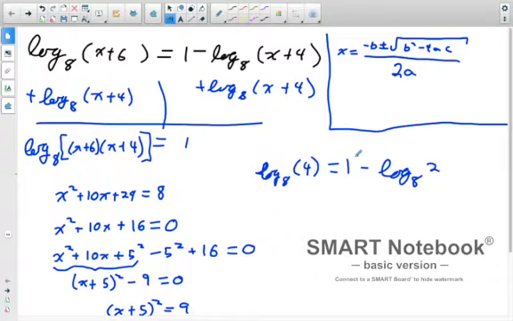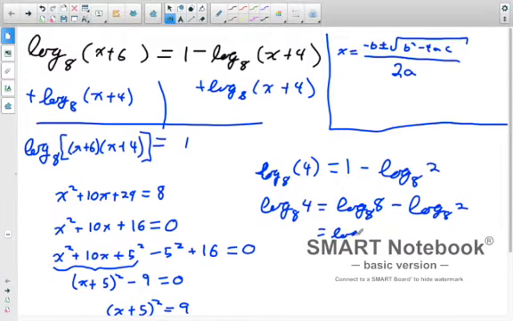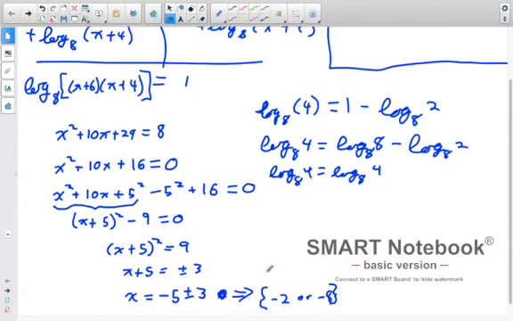In fact, without even having to figure out what the log base 8 of 4 is, I know that 1 is log base 8 of 8. So log base 8 of 4 is equal to log base 8 of 8 minus log base 8 of 2. And we know that if we are subtracting exponents, that means that we divided. So this is actually log base 8 of 4 on both sides of my equation. So negative 2 works.